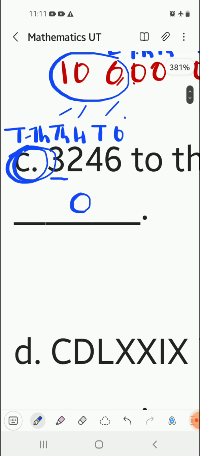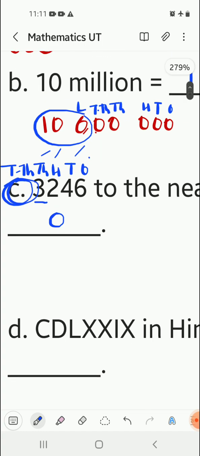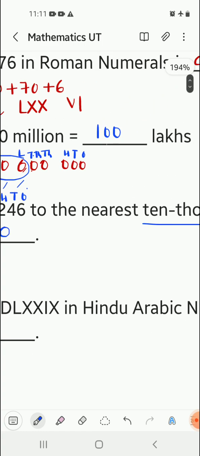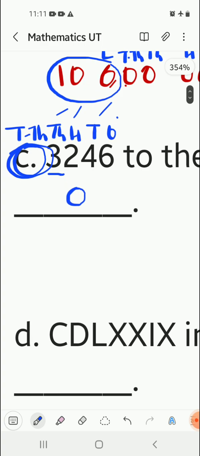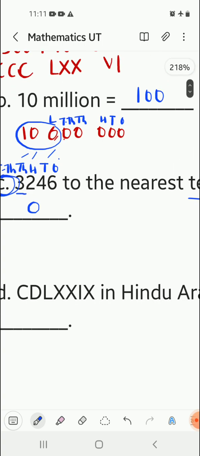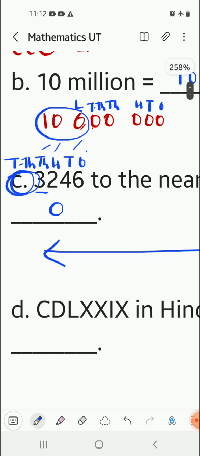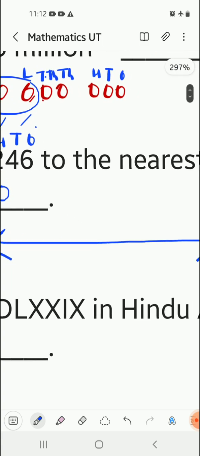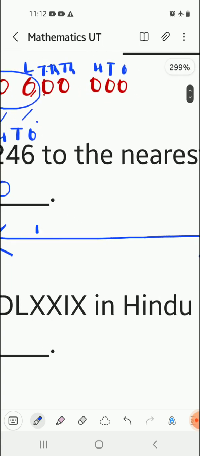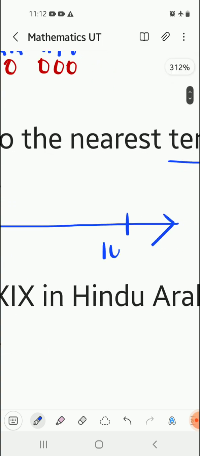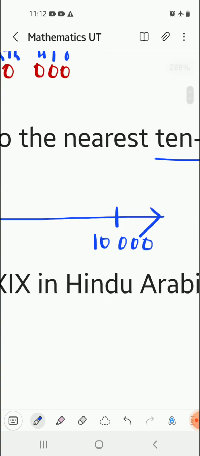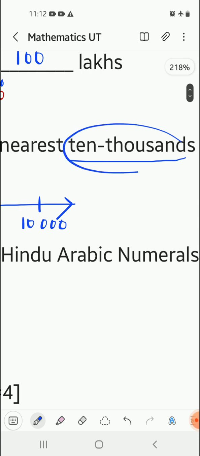Because in short, what I mean to say is, if I am trying to find out the number closest, the nearest 10,000s place, and we have got 3,246, then as per my number line, we are trying to find out whether it is close to 0 or close to 10,000, because we are trying to find out nearest to the 10,000s.